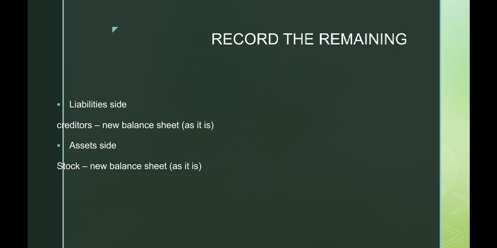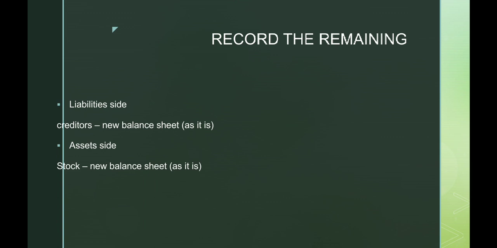You can simply total the account and transfer the closing balance to the balance sheet. Then you record the opening balances, then you solve all the adjustments and the process of posting. Then you record all the accumulated reserves and profit and loss. Then you record the remaining items.